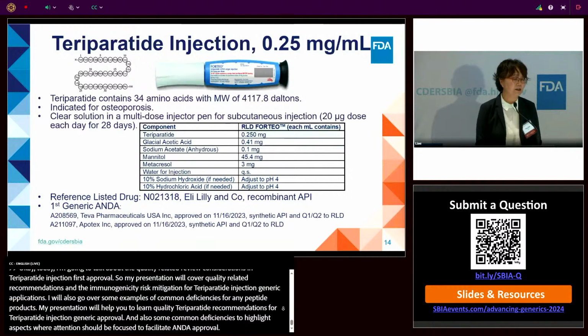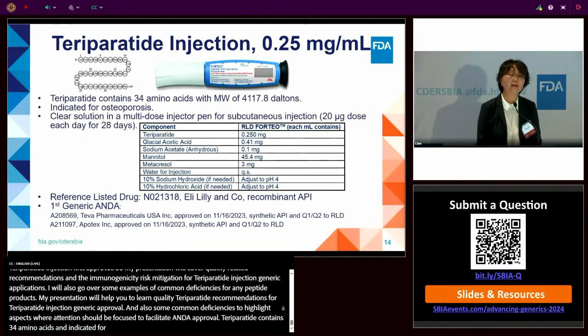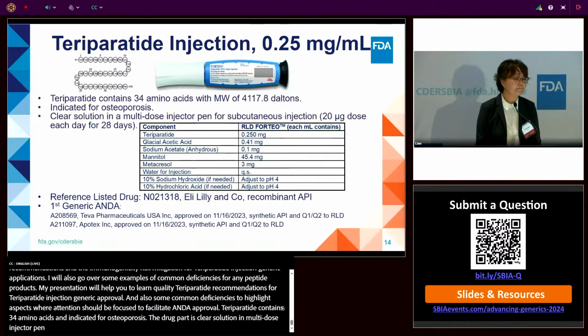Teriparatide contains 34 amino acids and is indicated for osteoporosis. The drug product is a clear solution in a multi-dose injector pen for sub-Q injection. The reference product is from Eli Lilly with recombinant API.